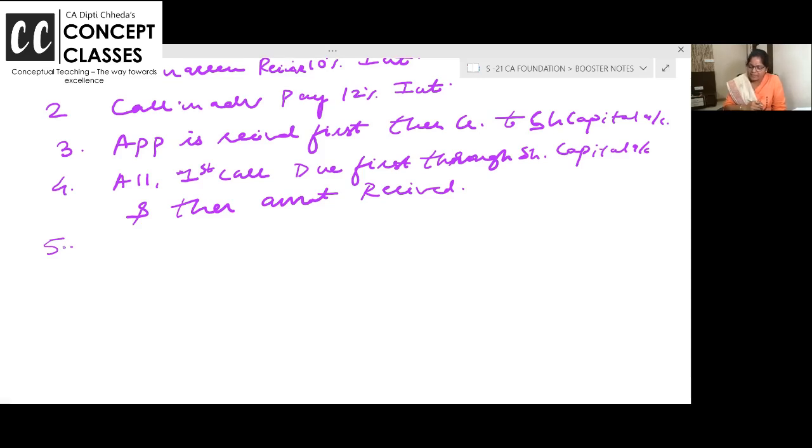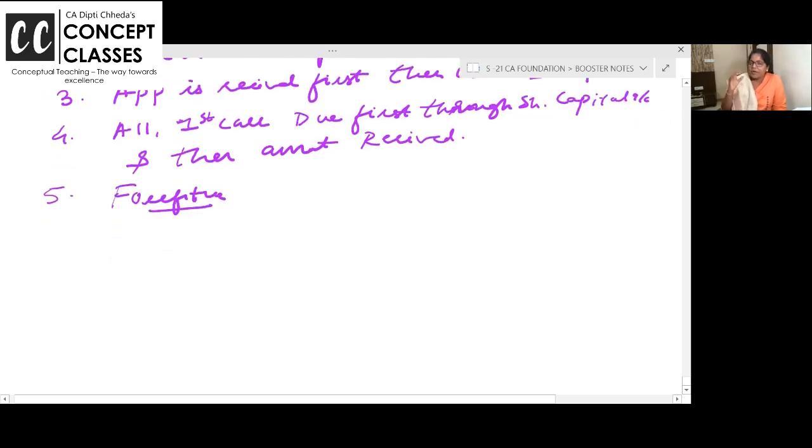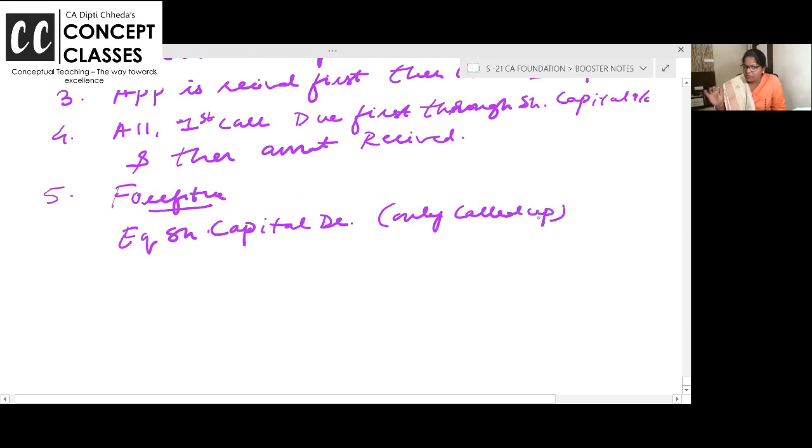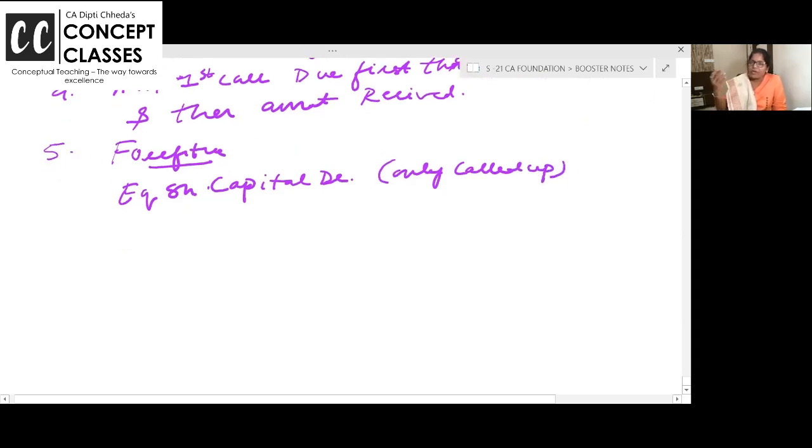Okay, it is clear. Now write down for the future. Write especially for the future because 2 marks beautiful small entries are asked. Equity share capital debit only called up amount. If you have called 8 rupees, 8. If you have called 12 rupees with premium, full.